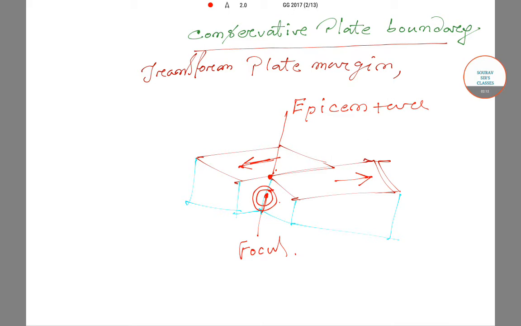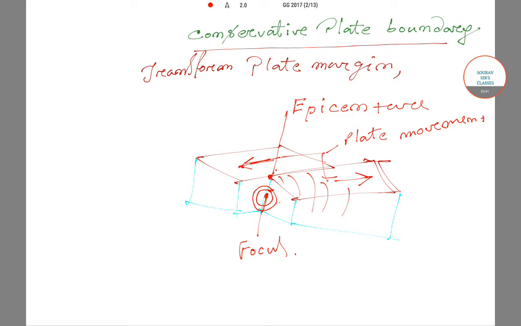because conservative plate margins many times produce severe earthquakes. Those are the signs of plate movement. And after this, seismic waves occur on both sides.